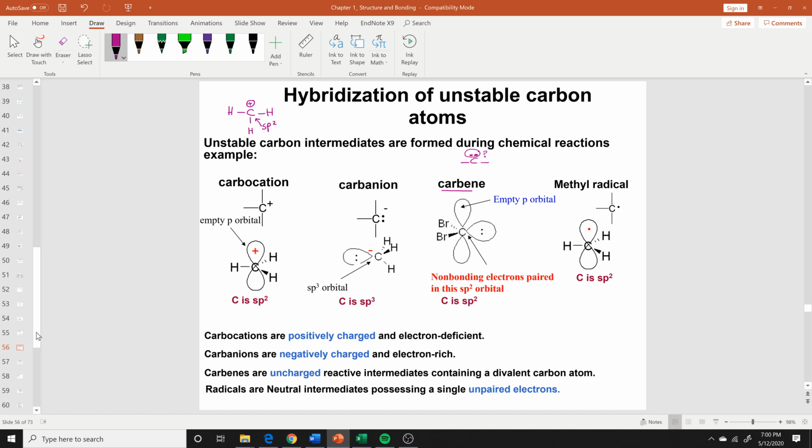But lone pairs in the p orbital, they do, because resonance is basically when electrons hop from one p orbital to the other. So with the carbene over here, what I have is 2 bonds and the lone pair. Carbon here is not octet. It has 6 electrons. It's completely unstable. What's the hybridization? The hybridization here, I have 3 groups.